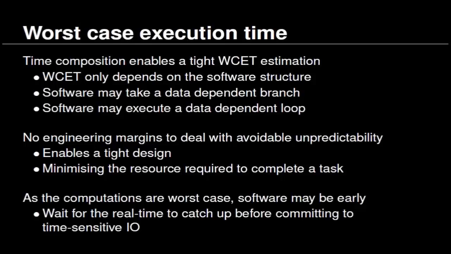If your software is very well structured, the worst case execution time is going to be within a few percent. And it's only down to the software how small that percentage is. And if your software is completely predictable, like a very simple algorithm that's just straight line code, the worst case execution time is the best case execution time, is what you know it's going to take.